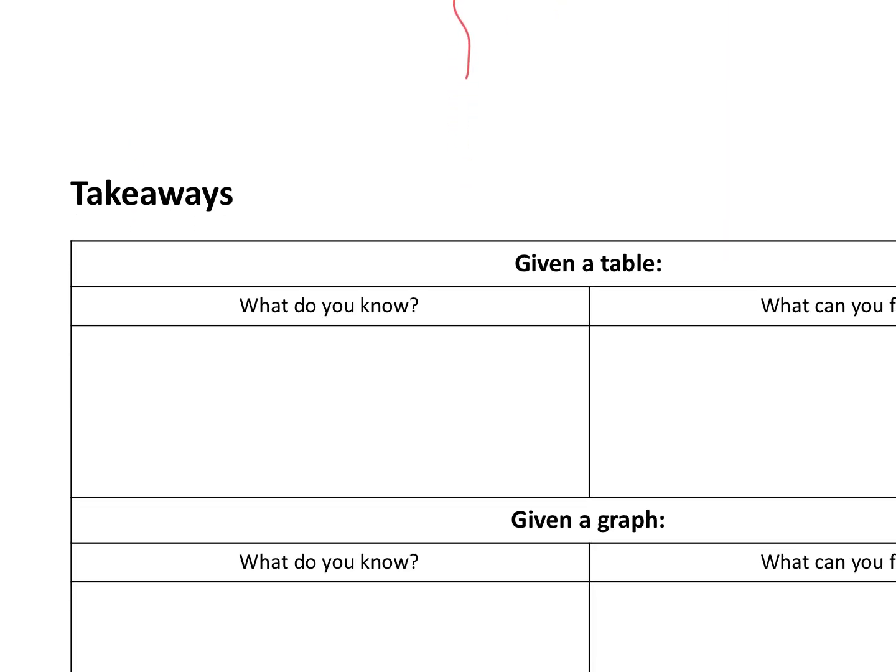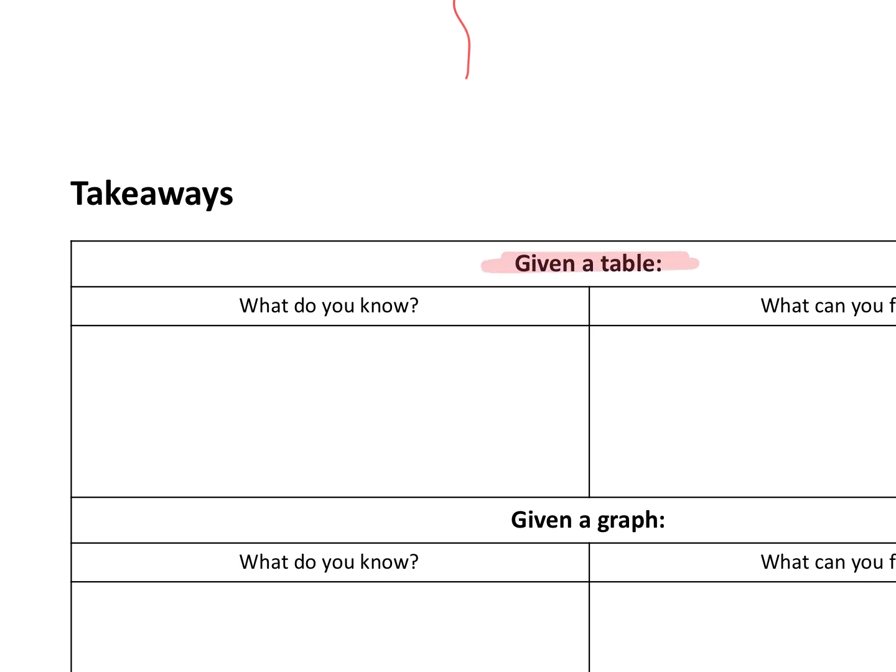Our takeaways is this big table where it talks about what do you know and what can you find out. If given a table, what do you know? So that is our first one.